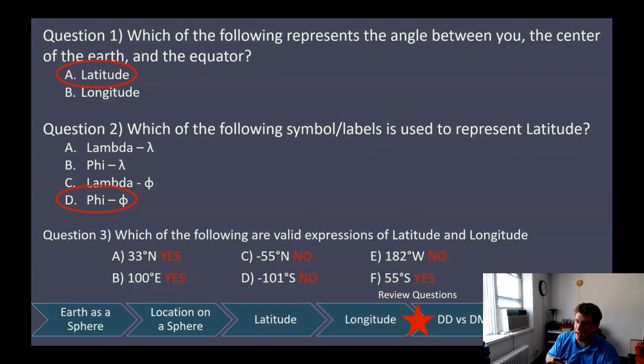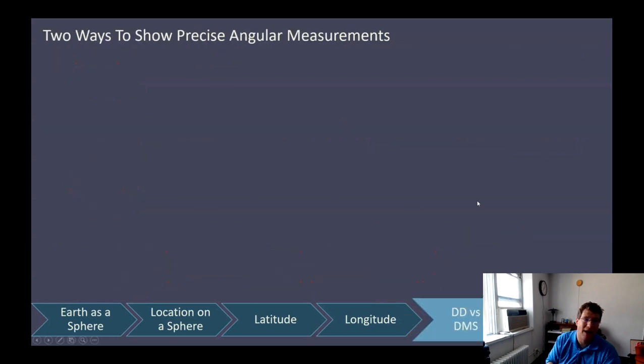Given our angles relative to the equator and the prime meridian, we can get pretty specific locations anywhere on a three-dimensional sphere. Now that we know what the measurements represent, let's talk about how we actually go about showing or writing down those angles, especially when we want to get more precise.